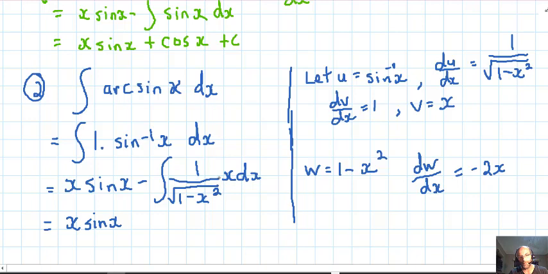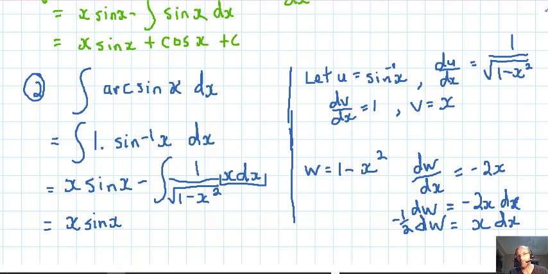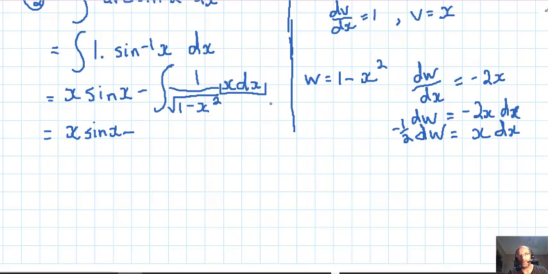That's got to be a 1 there, just so we can see what's happening. Now, over here, dw equals negative 2x dx. To get the x dx that we have over there, it's negative a half of dw that is the equivalent. So we've got the x dx, and that can be replaced by negative a half dw.